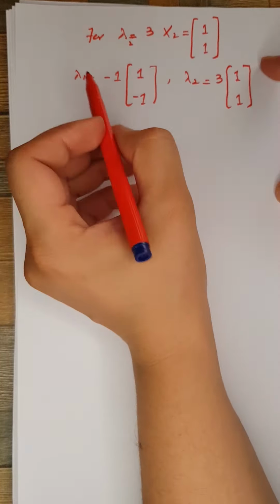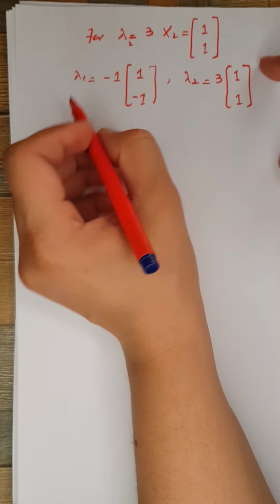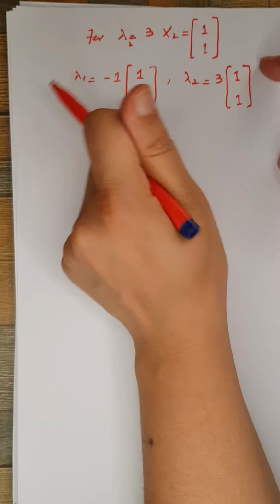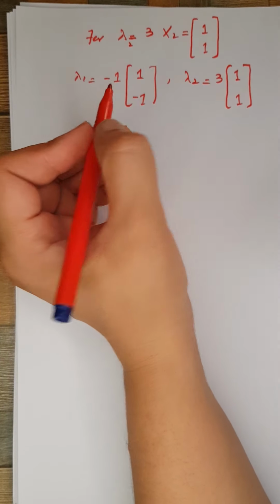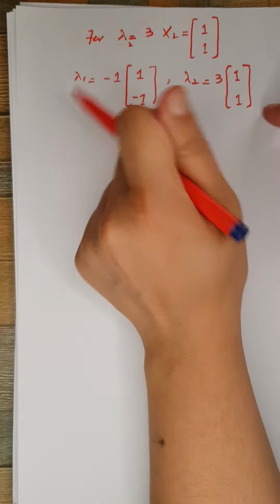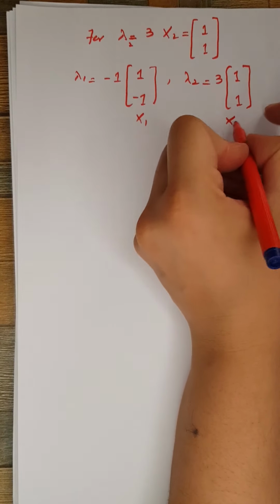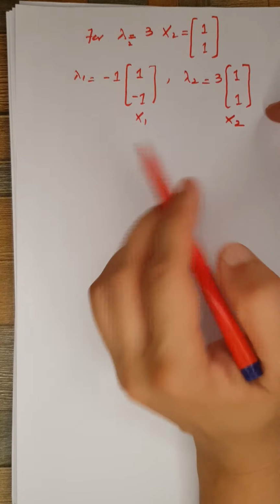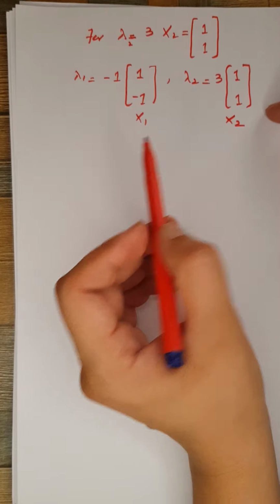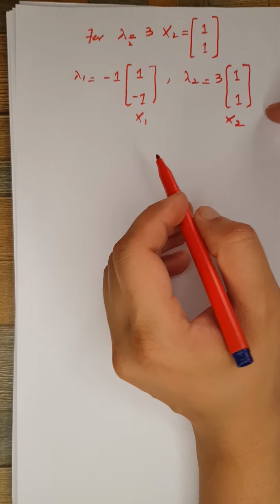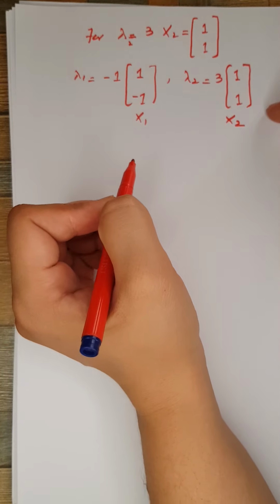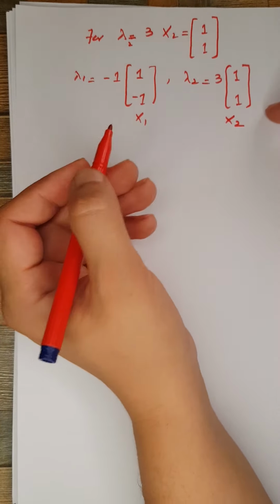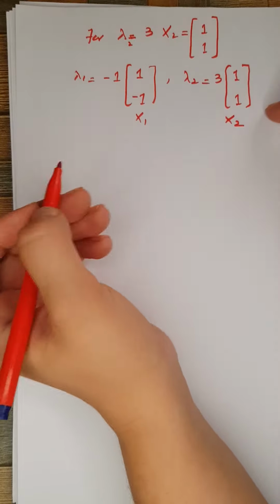As we know, according to the theorem, the eigenvectors corresponding to distinct eigenvalues are linearly independent. Since lambda 1 and lambda 2 are different eigenvalues, their corresponding eigenvectors x1 and x2 are linearly independent. You can also check this by constructing the linear combination equation and finding the constants. If the solution is only trivial, then obviously these two eigenvectors are linearly independent vectors.